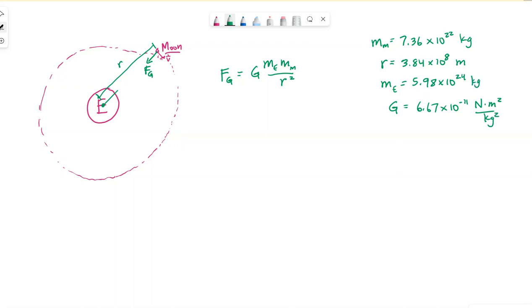Okay, I'm not going to rewrite them all because that's a lot of writing. They're all right next door. So I'm going to go ahead and plug these values in to find the force of gravity on the moon due to the Earth.